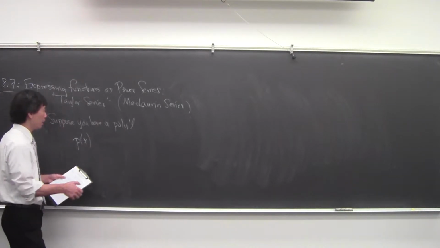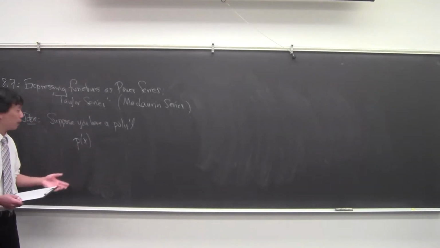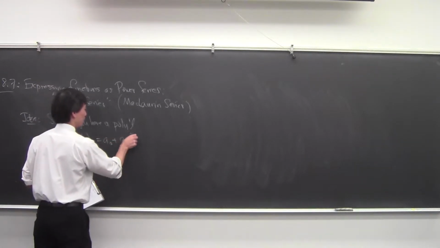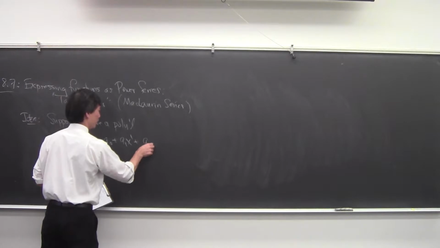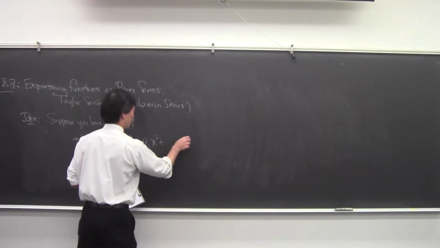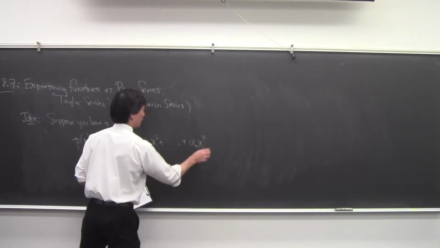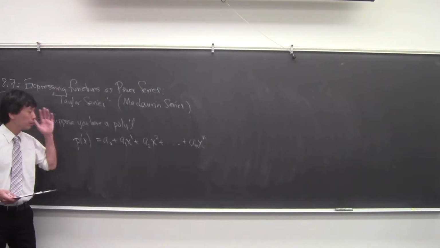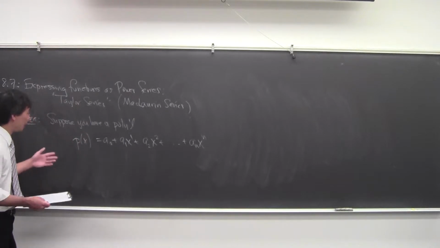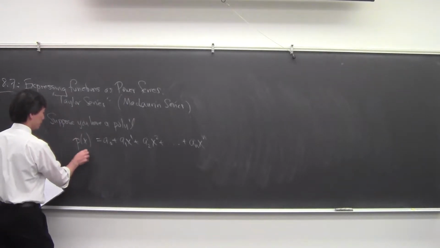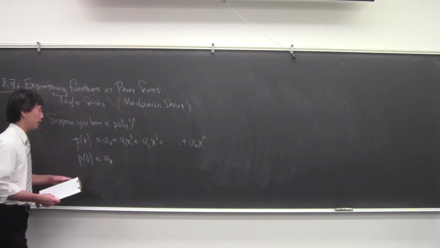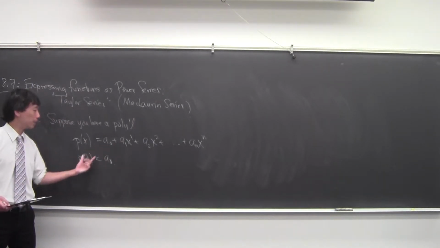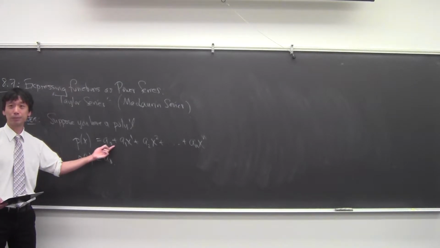So you'd say, I've forgotten what the coefficients are, but at least I have the power to evaluate it, so I evaluate it at 0, and I get a naught. So I know that this coefficient is p at 0.